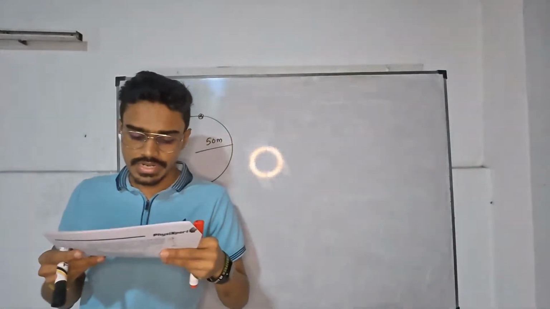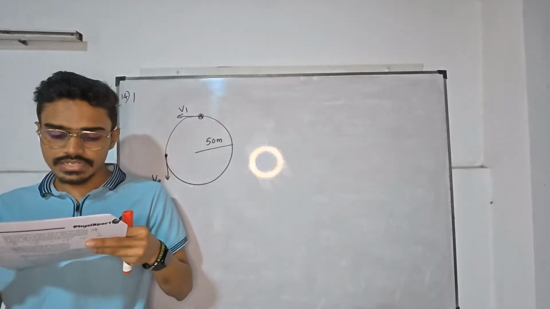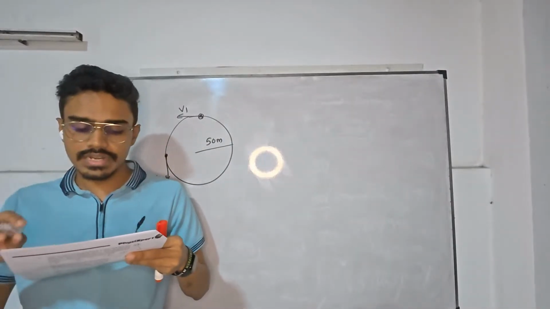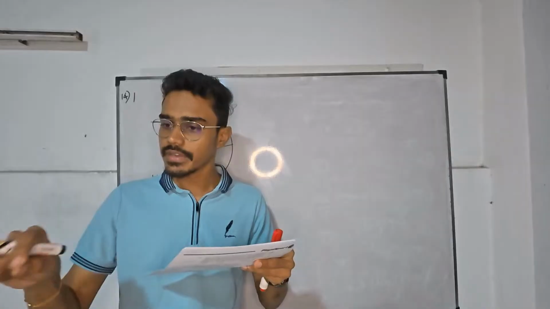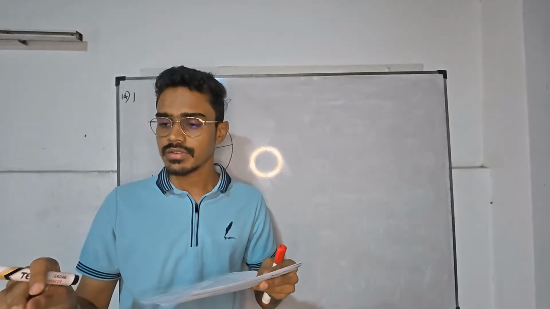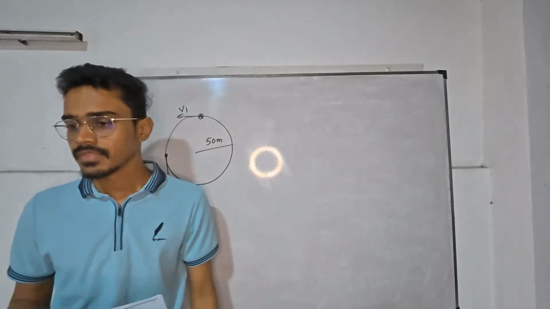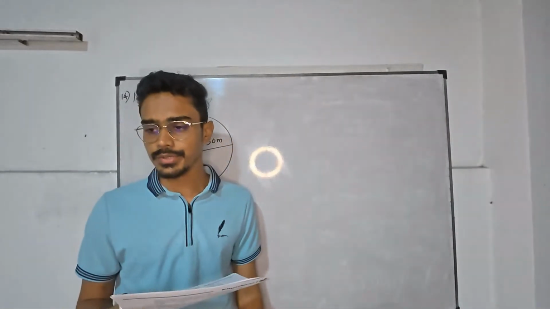A very important data is given: the times taken to complete 10 rounds and 9 rounds by both are equal. I'm going to start from that point, and finally we need the ratio between V1 and V2.